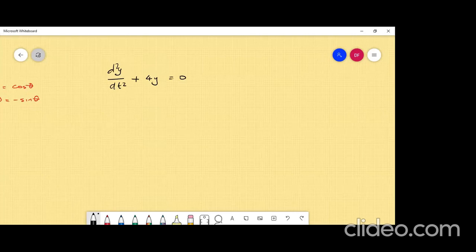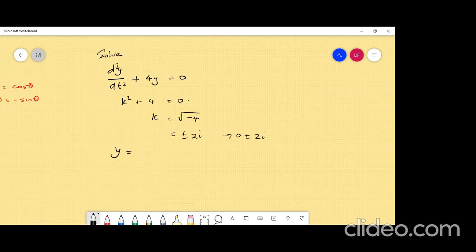All right, so now solve this one. Let me write down the auxiliary equation. It's k squared plus 4 equals 0. So k would be equal to the square root of minus 4, which is plus or minus 2i. So therefore, y is going to be equal to, remember, I can write this as 0 plus or minus 2i.